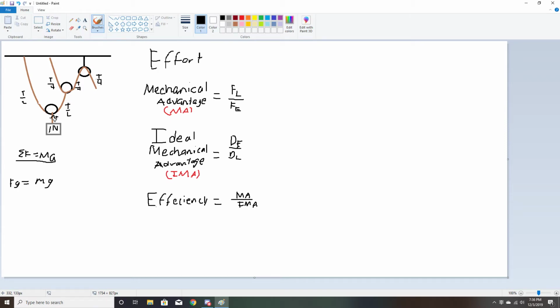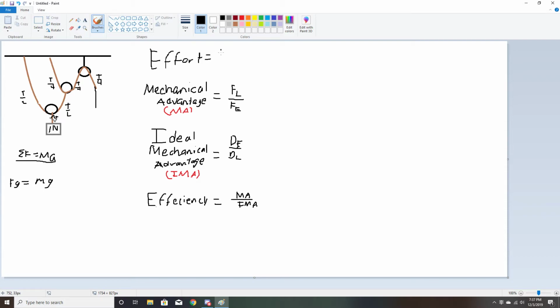Let's talk about effort. Effort is the amount of force I apply to the system, which means if I were to pull the string downward, your effort is only going to be a fourth of how much the box weighs, because the tension right here is equal to the amount of force you apply. So you would be applying 1/4.